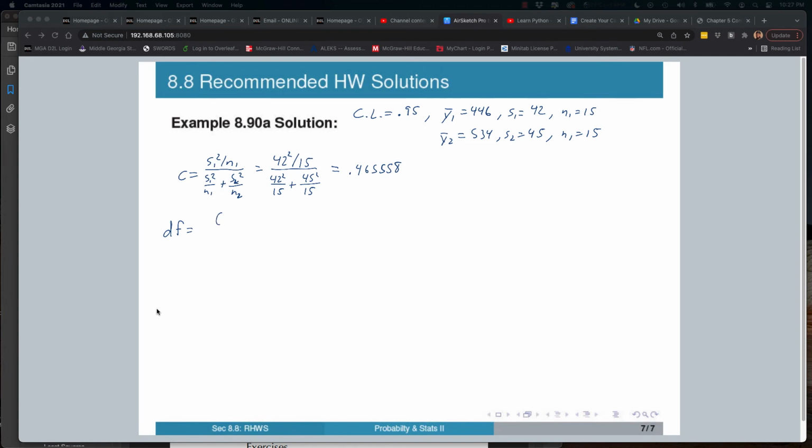So remember, that's N sub 1 minus 1 times N sub 2 minus 1 all over 1 minus C quantity squared times N sub 1 minus 1 plus C squared times N sub 2 minus 1. Alright, we'll do the denominator first because it's longer. So we get 1 minus 0.465558 squared times N1 minus 1, so N sub 1 was 15, so we'll do 14 here.